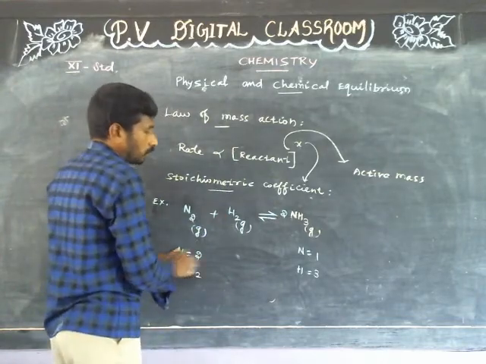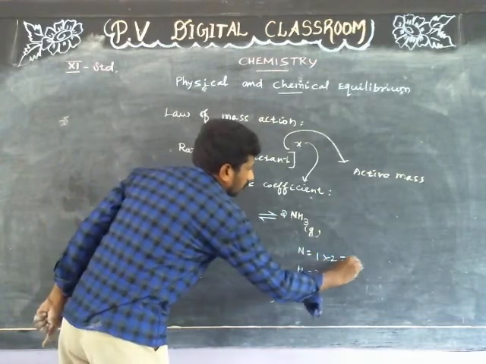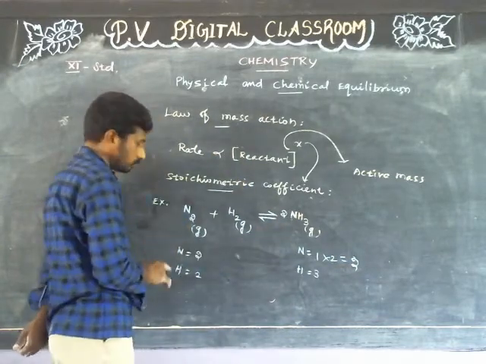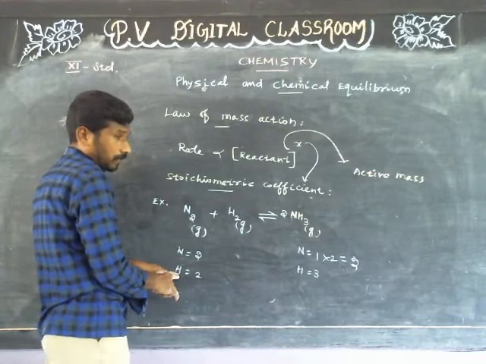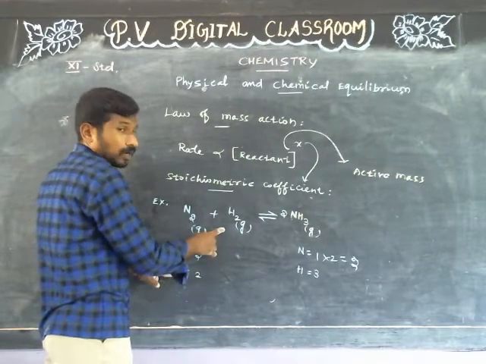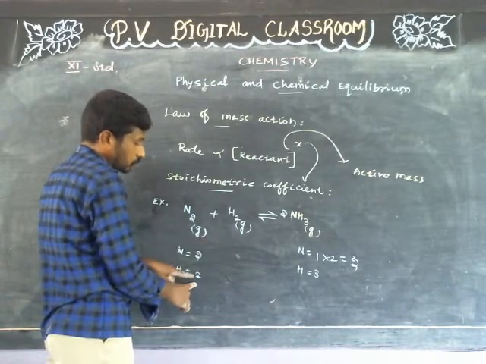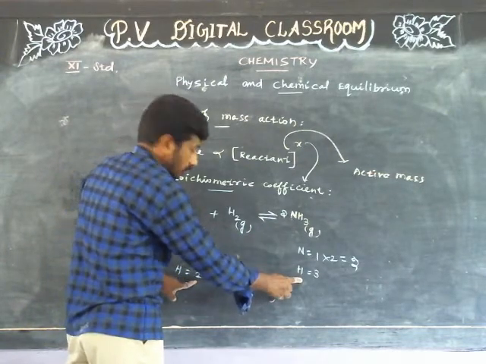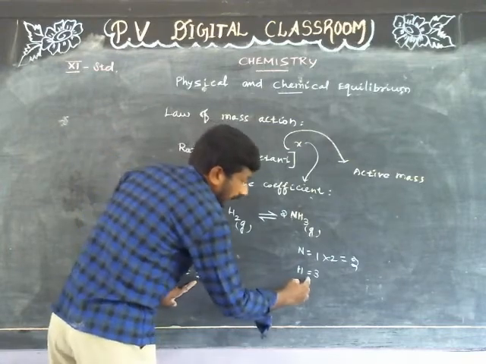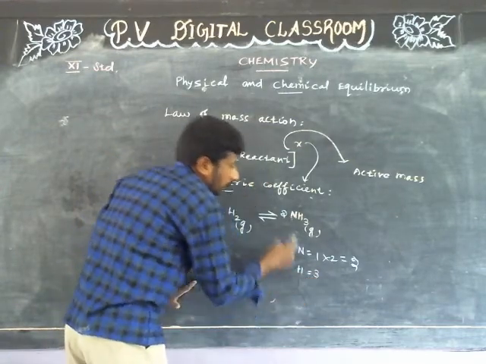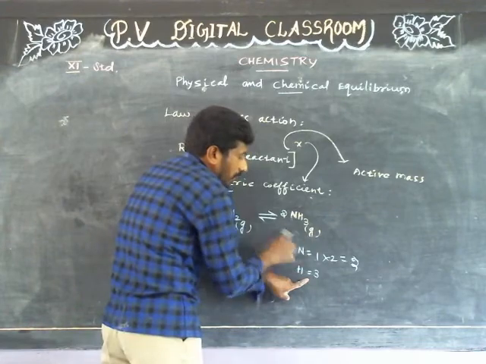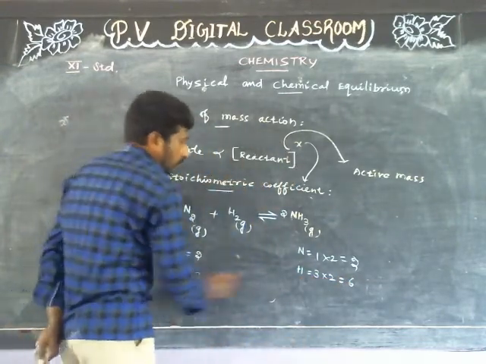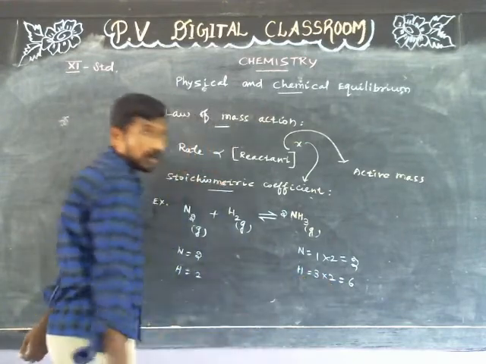Now the number of nitrogen gets balanced on both sides, and the number of hydrogen on the left hand side is 2, which is not equal to the number of hydrogen on the right hand side. Here the number of hydrogen is equal to 6. These two numbers are not equal.